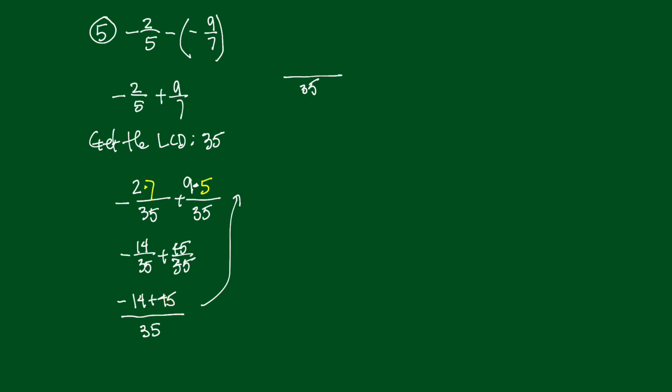So it's going to be positive, right? I'm going to take 45 minus 14. That's how I'm going to think of this. 45 minus 14, well, that turns out to be 31. So I'm going to write this problem now as 31 over 35.